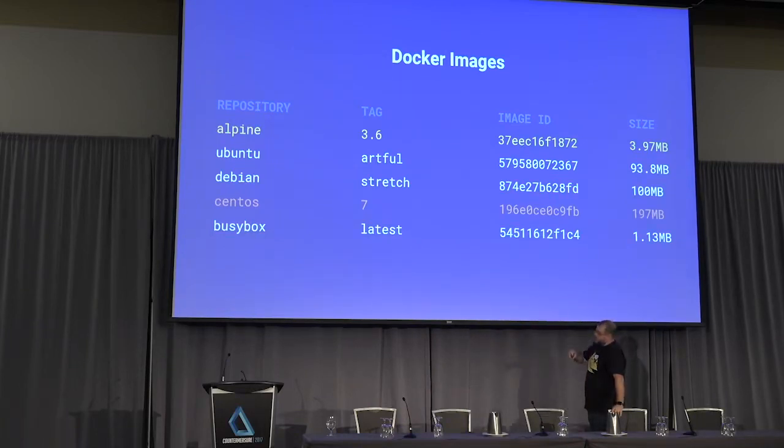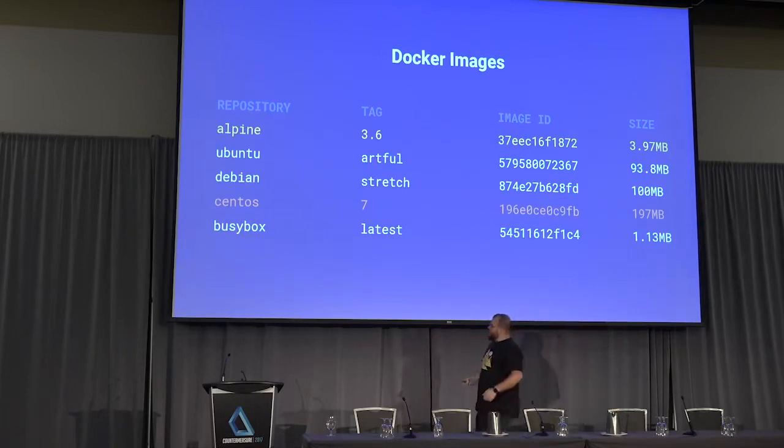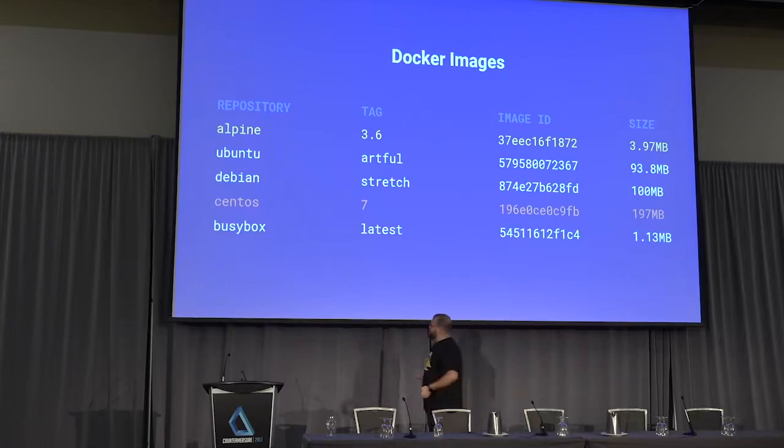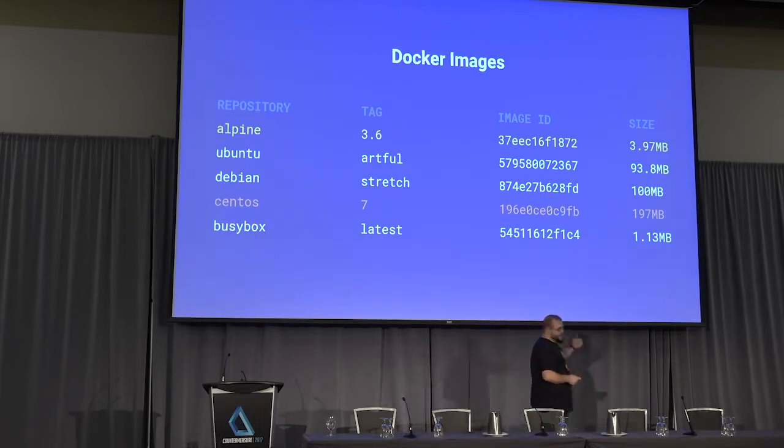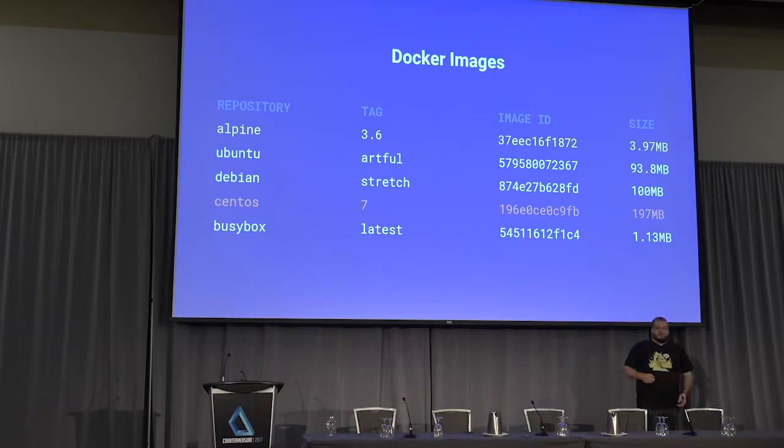Something to note about this, though, is the image size. Typically, in security operations, right, green is good, red is bad. CentOS isn't bad in this case. It's just a contrasting color, but it just so happens to be the largest container of the bunch. So if you start off building a CentOS container, you're going to be immediately starting with 197 megabytes of packaged dependencies and applications.